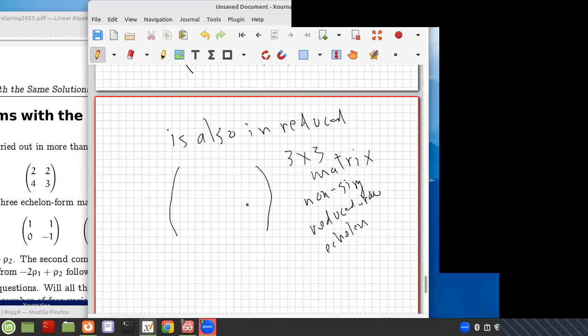What is the matrix? There's only one matrix, so what is it? Write down if you have an idea; see if you can write down the 3 by 3 matrix that is non-singular and is in reduced row echelon form.